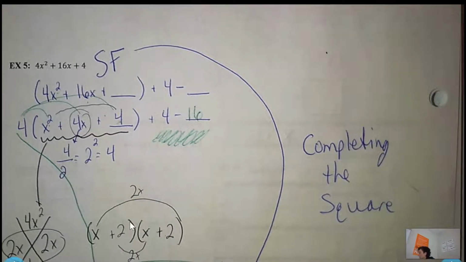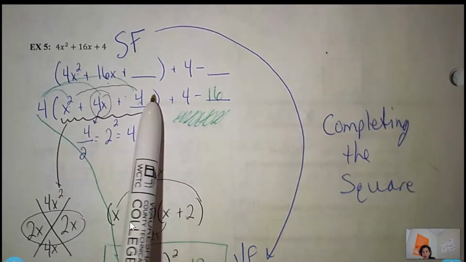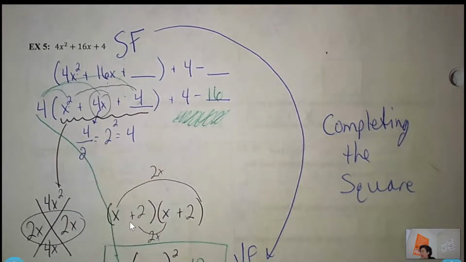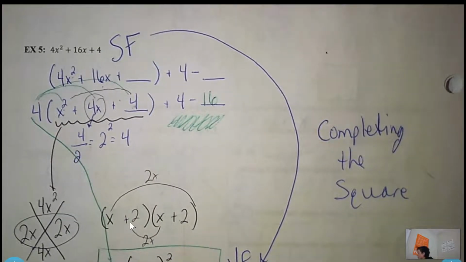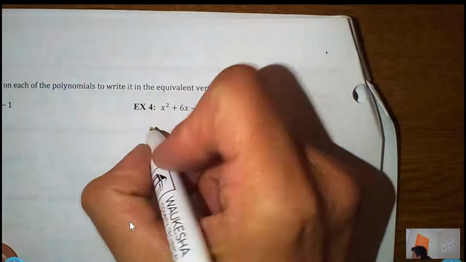Okay, let's try some now, and I'm going to show you some shortcuts, because what we don't want to do is factor this every time. All right? So I wish there had been different numbers, because this would actually show up a little bit better. Let's just go to this one up here. So the first thing I'm going to do is group my x's together.